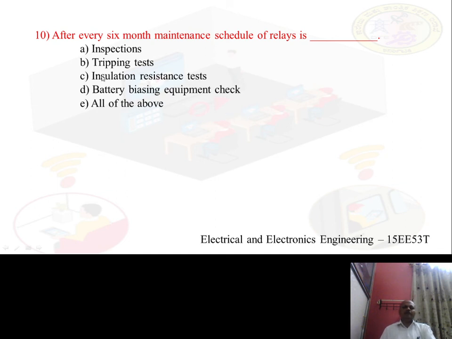After every 6 months, we have to do an inspection, conduct a tripping test, do insulation resistance test, and do the battery biasing equipment check also. Therefore, your answer is E. All of the above.